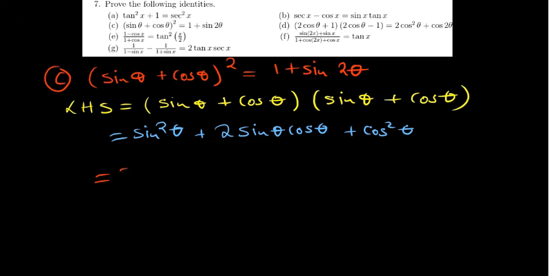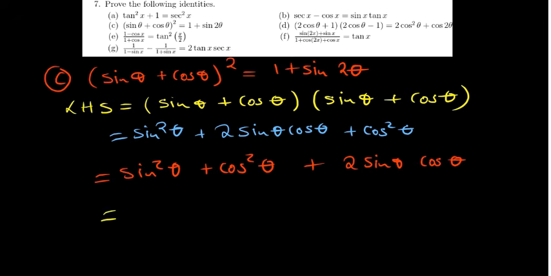Now sine squared theta plus cosine squared of theta, we know this is equal to 1, and then we have plus 2 sine theta cosine of theta. So this part is equal to 1.